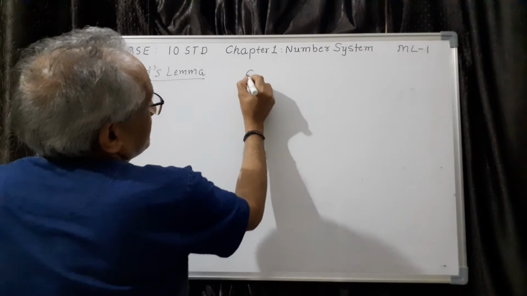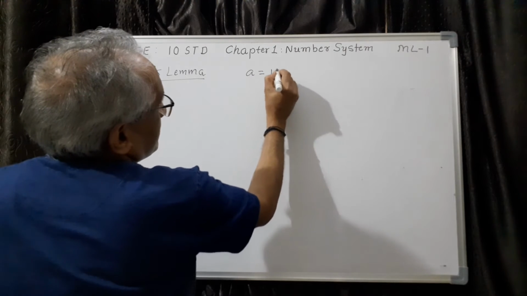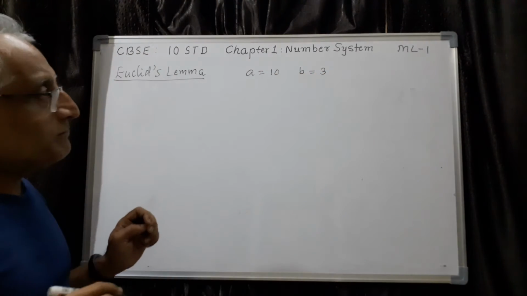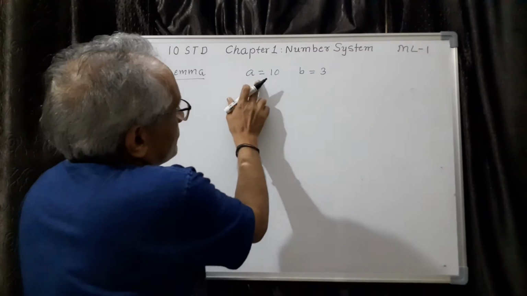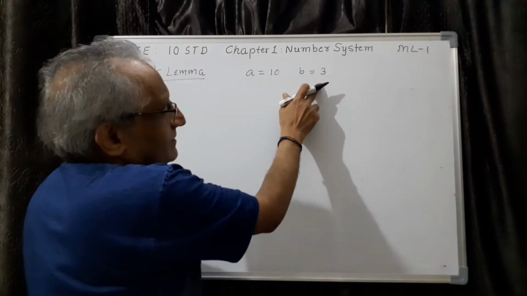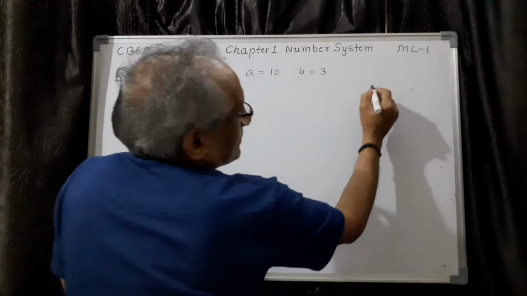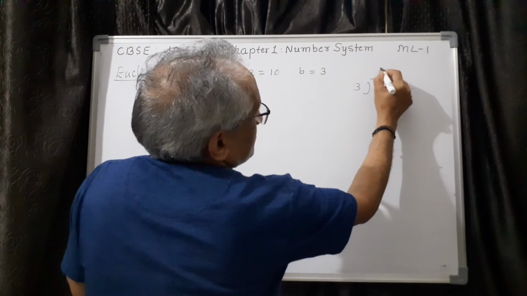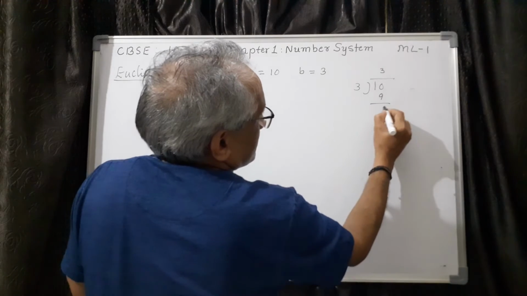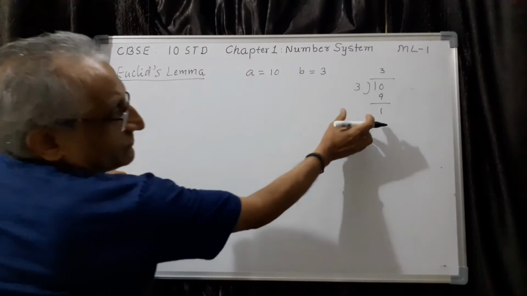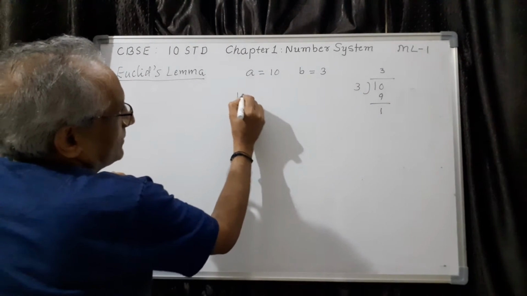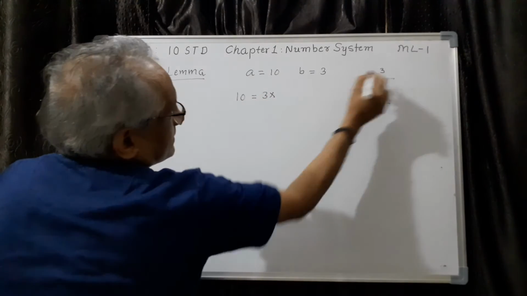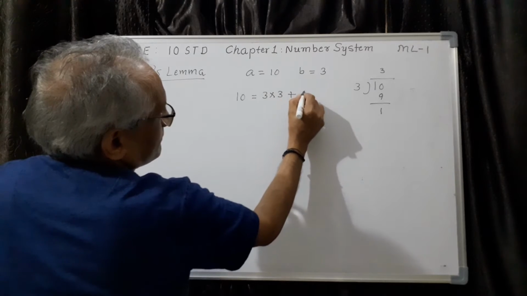Let us take a equal to 10 and b equal to 3. Of course, a should be more and b should be less in the beginning. So we can divide 10 by 3. 3 times 3 is 9 and the remainder is 1. So we can write 10 equal to 3 into 3 plus 1.